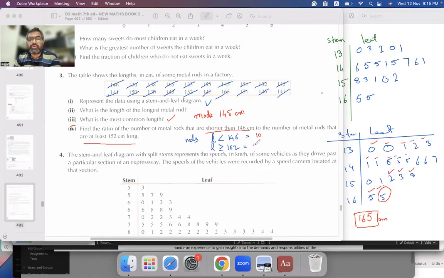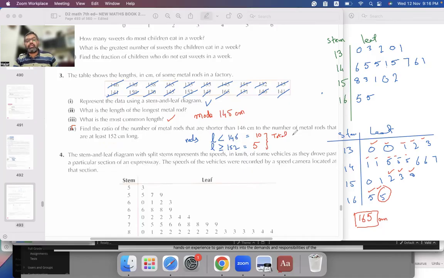So there are 5 rods whose length is greater than or equal to 152. So in this problem, we are interested in all those rods which are shorter than 146 centimeter and greater than or equal to 152 centimeter.